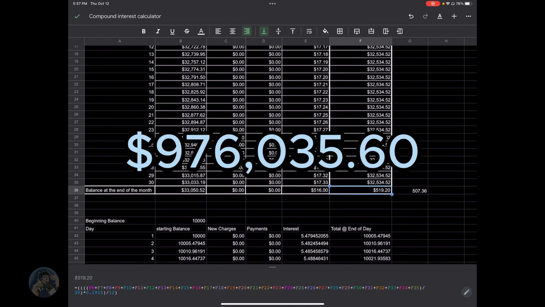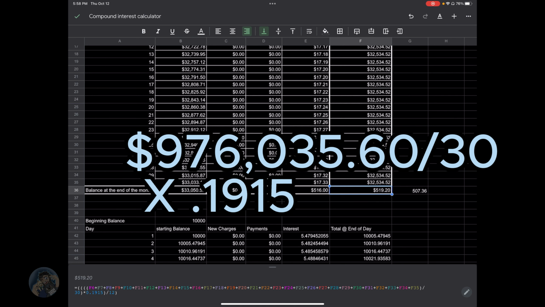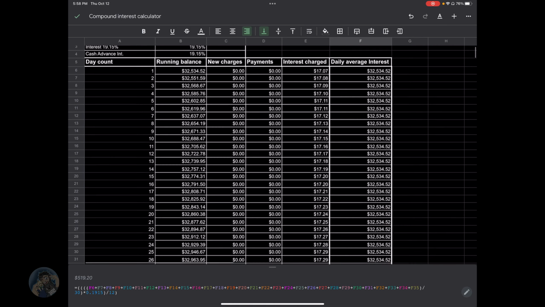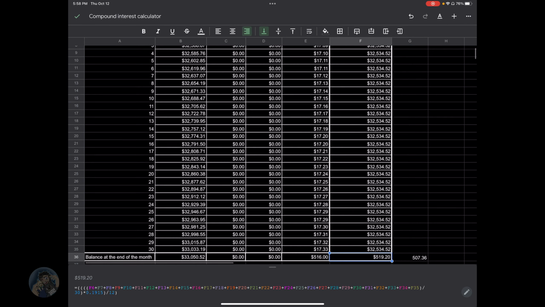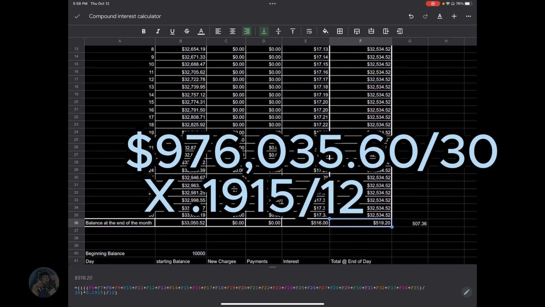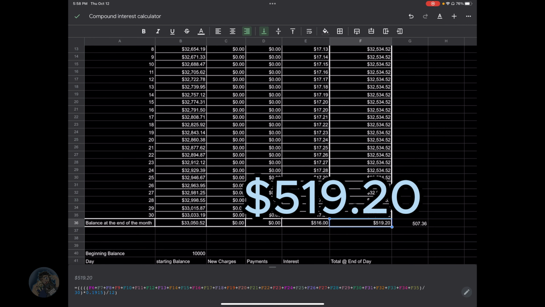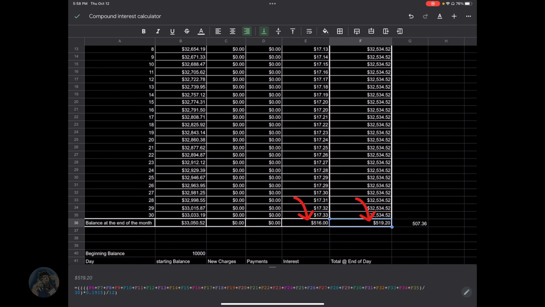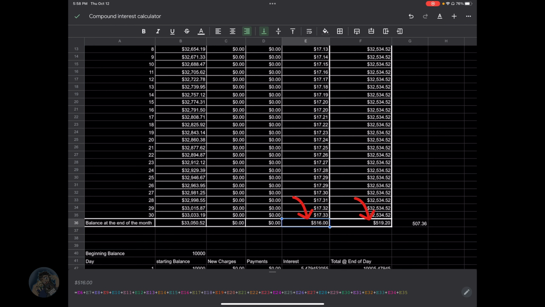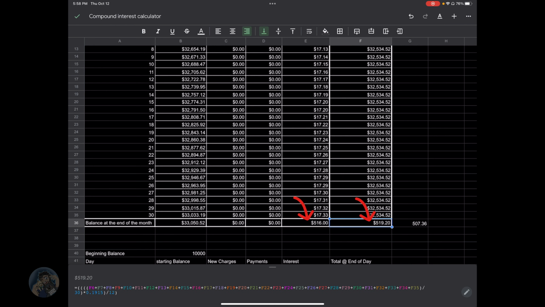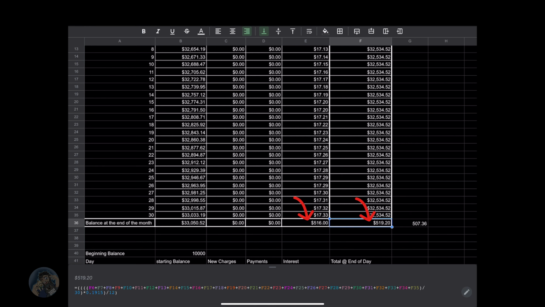Then you take all that, divide by 30, multiply by the interest rate, in this case 19.15, then divide by 12, and that would give you your interest of $519.20. Now, notice the difference here between simple interest, daily compounded, versus the daily average. Not so much compounded, just daily average simple interest.